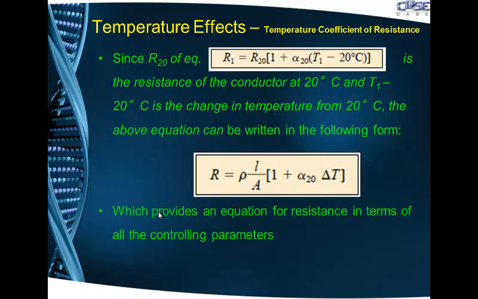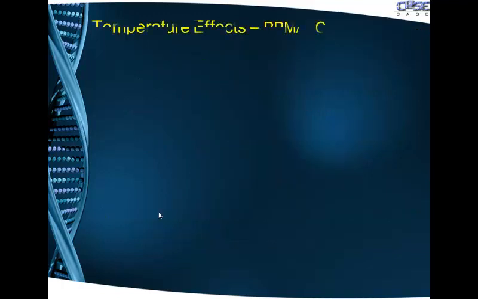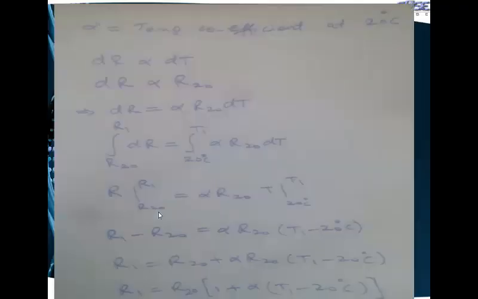So this provides an equation for resistance in terms of all the controlling parameters. Let me see this from another perspective. So this is the equation. Alpha we have defined as the temperature coefficient at 20 degrees centigrade. The change in resistance, dR, is directly proportional to dT.